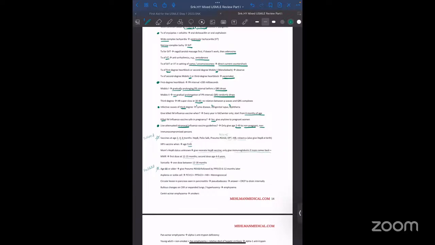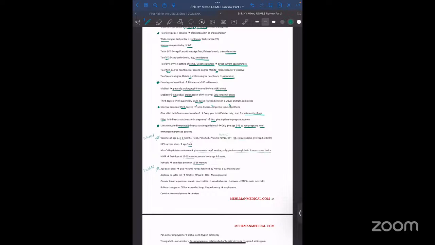I think the age changed to 45. Check. So less than 65, one dose of PCV 20 or sequential PCV 15 plus PPSV 23.